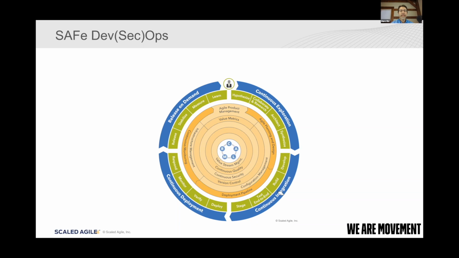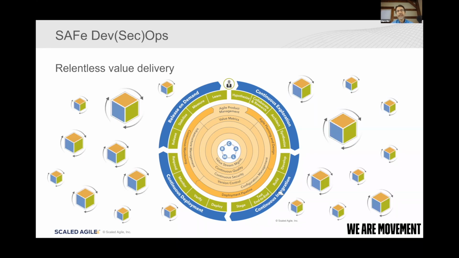Pieces of the model working together so that we can deliver value always. We want to always be delivering value. Value is just flying out of these software factories at all times. That's sort of the end state that we want to get to.